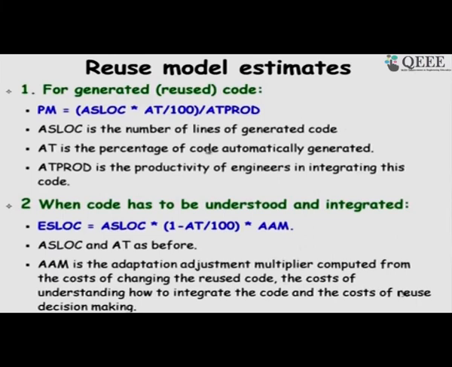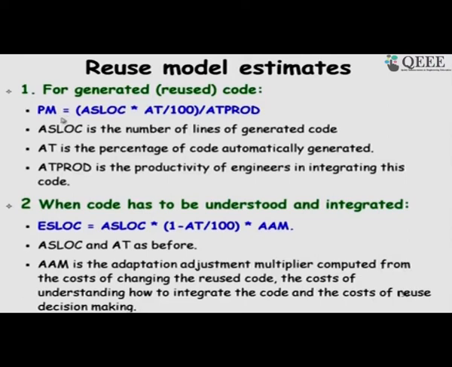So, this is the formula that is used in the reuse model. The total lines of code, application software lines of code into the code that is automatically generated, that is reused, black box reused. Let us say 90% is black box reused.